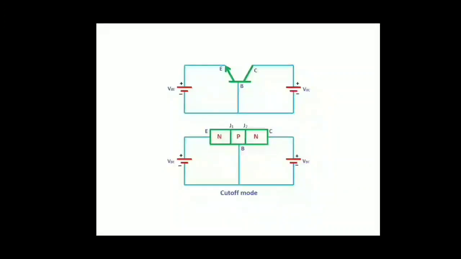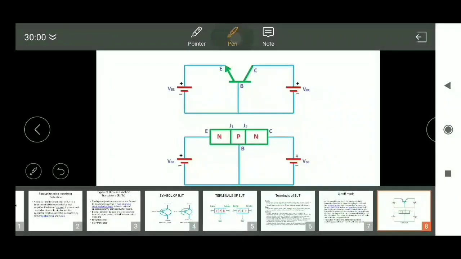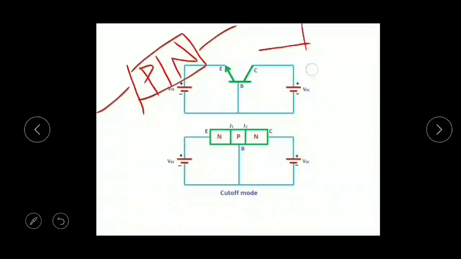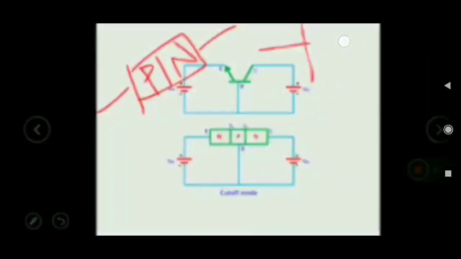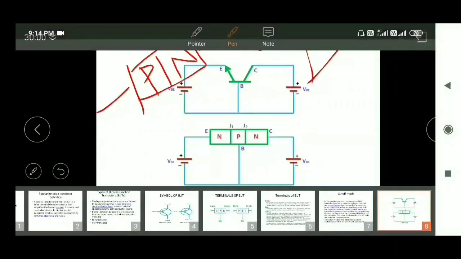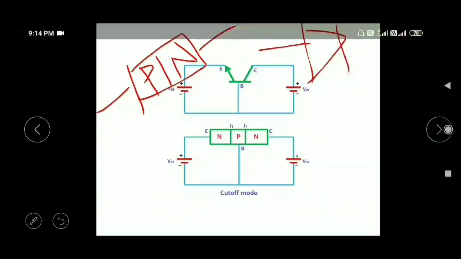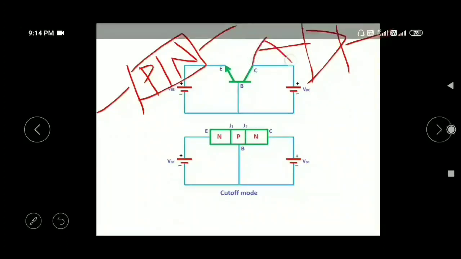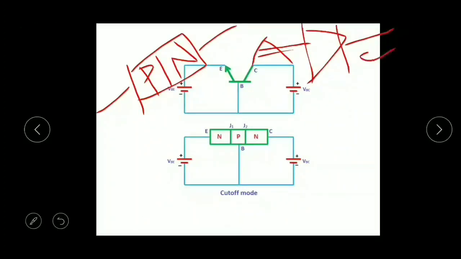The transistor is a combination of simple PN diodes. We know that the PN diode has the terminals anode and cathode.